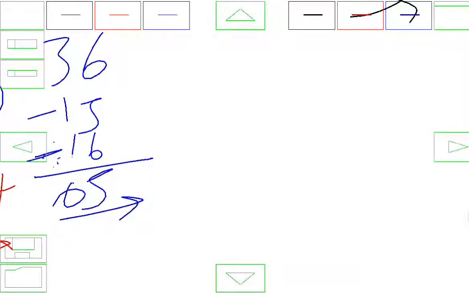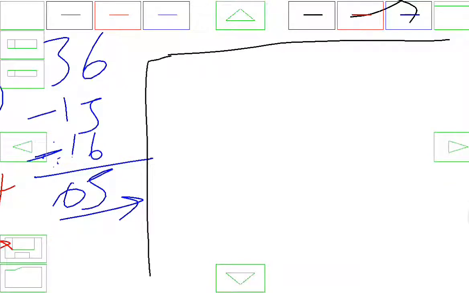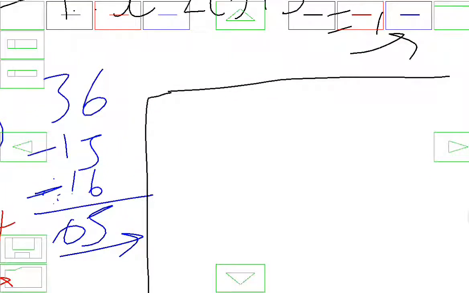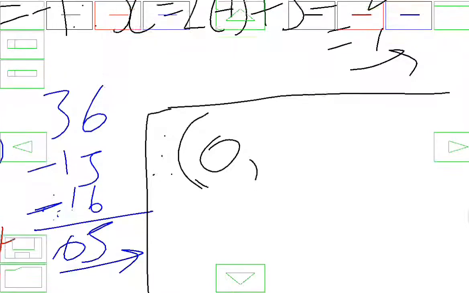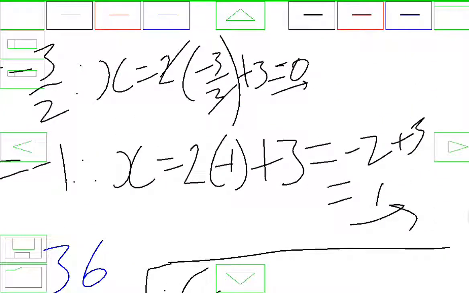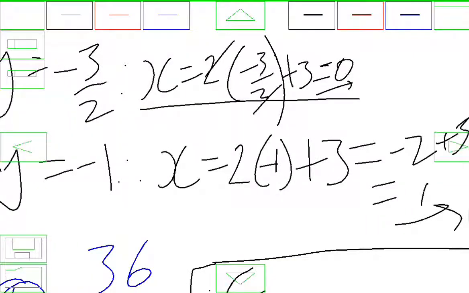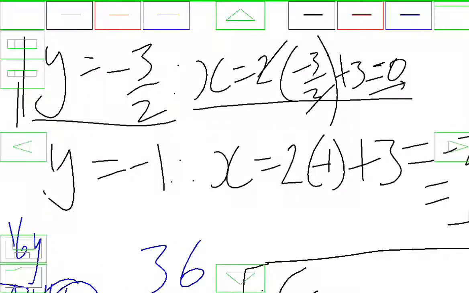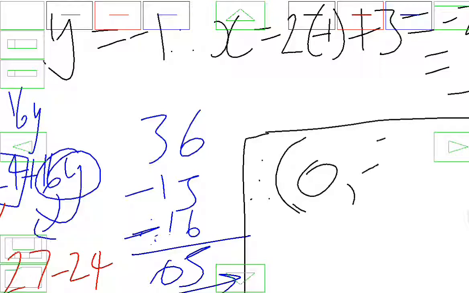So therefore, now we have 0 for the first term. Remember, we calculated 0 here for x, and then remember we used that y, which was minus 3 over 2.